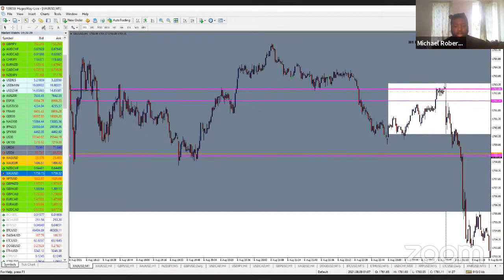So saying that, let's look at IC Markets. I'm going to pull up gold on this chart here too in preparation. All right, so where is IC Markets? Here we go.